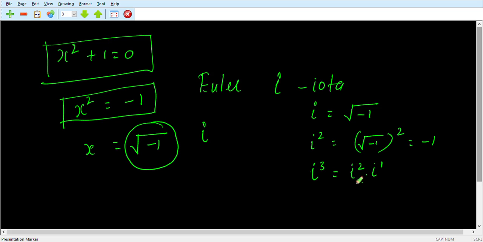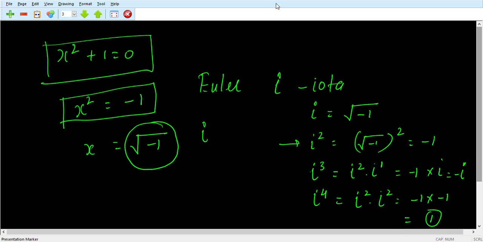And I know iota to the power 2 from the previous idea is minus 1. So minus 1 into iota will give you minus iota. If I raise the power further, iota to the power 4 can be written as iota to the power 2 and iota to the power 2. So iota to the power 2 gives minus 1, and minus 1 and minus 1 will give you the value 1.